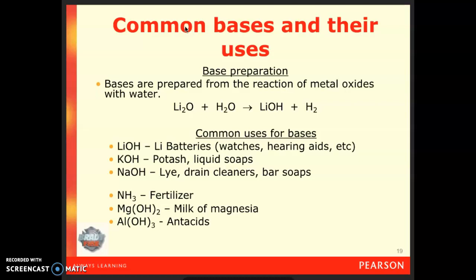Often we use sodium hydroxide along with bleach and some other things to clean your drains. Ammonia is found in fertilizers. Magnesium hydroxide is the primary component of milk of magnesia. And aluminum hydroxide is found in a lot of different types of antacids, especially the non-calcium based ones, so your Rolaids and some of your other brands.